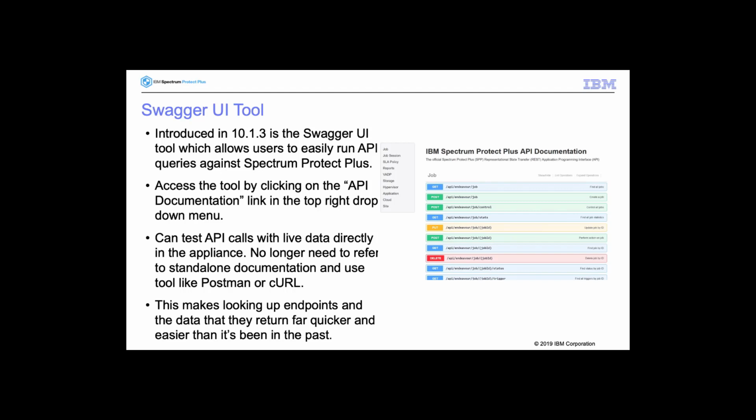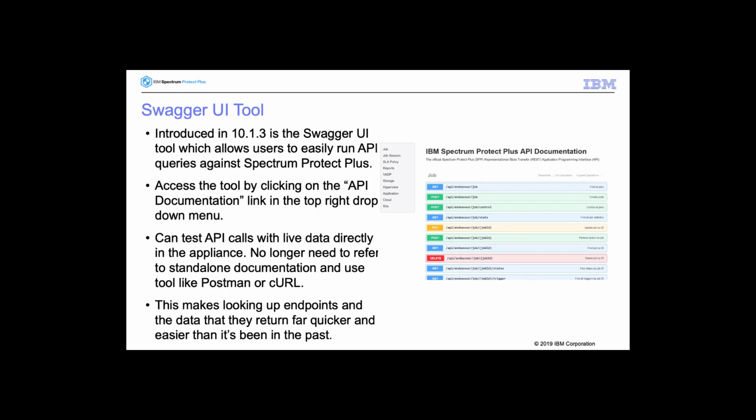We always provided PDF documentation for the REST API so that you could go in there and write your own scripts. But beginning in version 10.1.3, we are now delivering the REST API documentation in the Swagger application. On the right, you'll see a screenshot of what things look like.